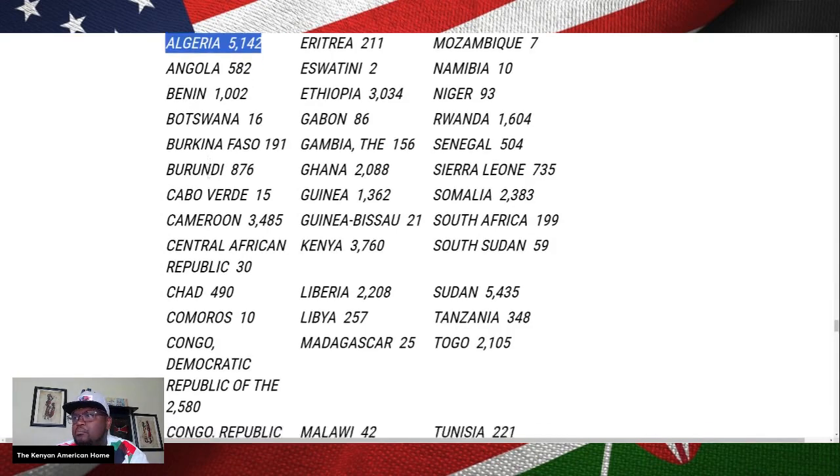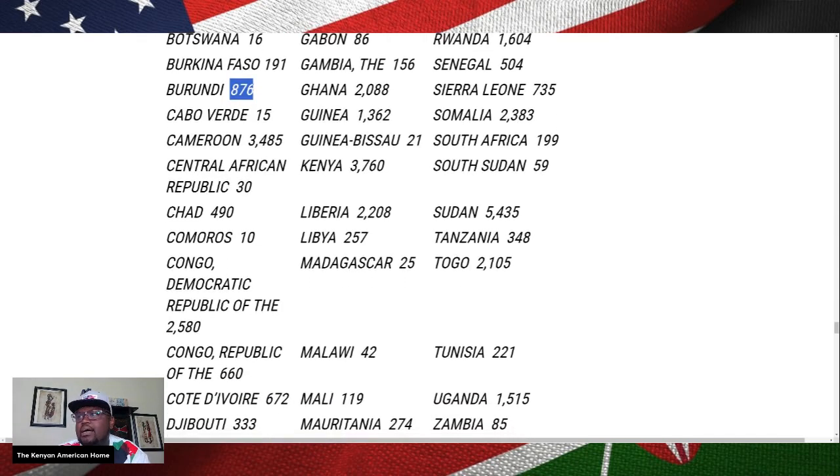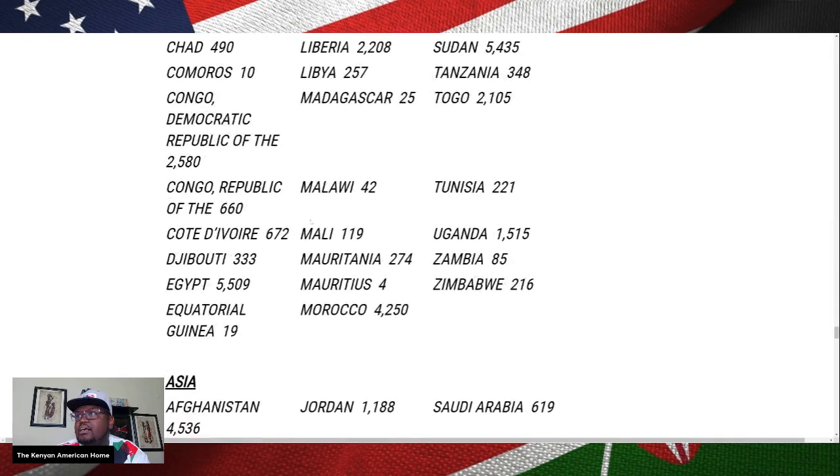And then Burundi, they were 400 in 2023, and then they went up by another 476 in 2024. So the number went up high. Cameroon was high in DV 2024. It went up by like 1,000 from DV 2023.